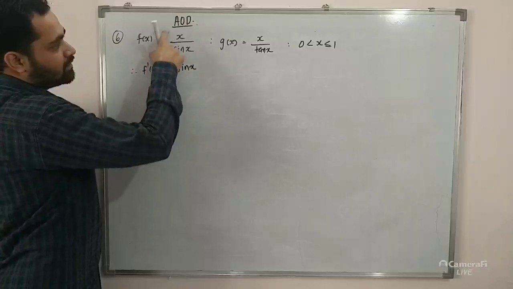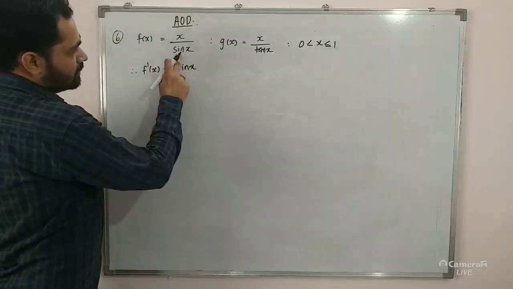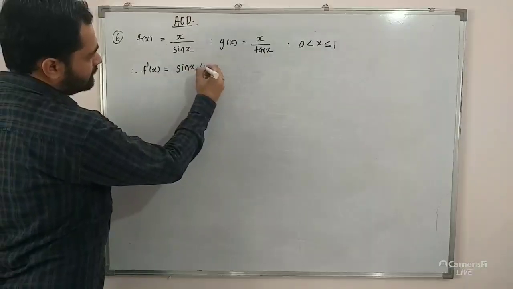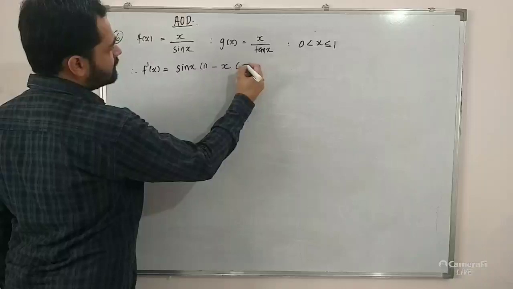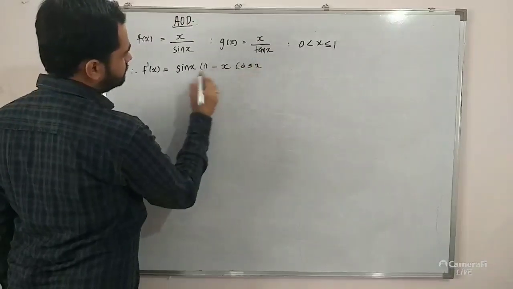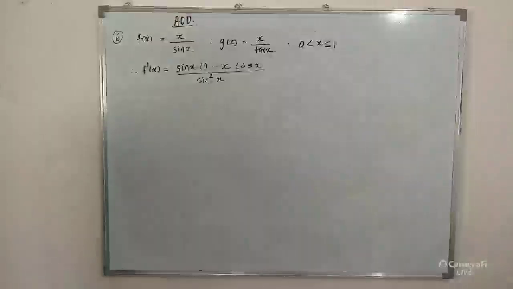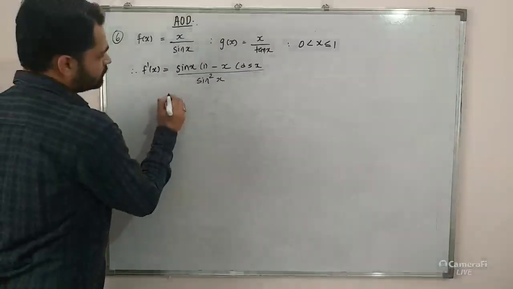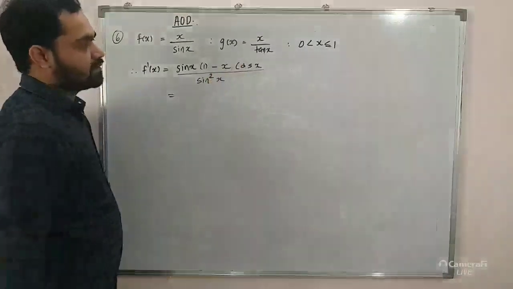So first, f dash of x is equal to the derivative of this term. With the use of the quotient rule, for x upon sine x: denominator at front, derivative of numerator is 1, minus numerator at front, derivative of denominator is cos x, upon sine square x, denominator square. So from here, we are going to take cos x common.